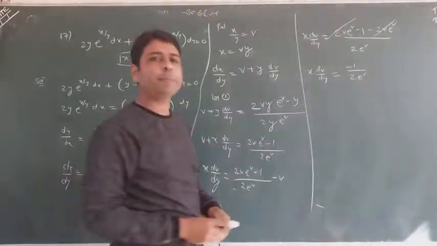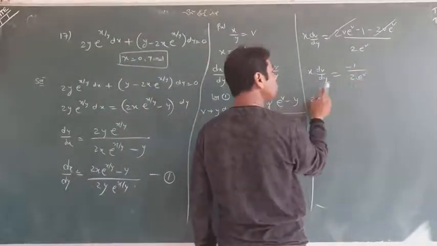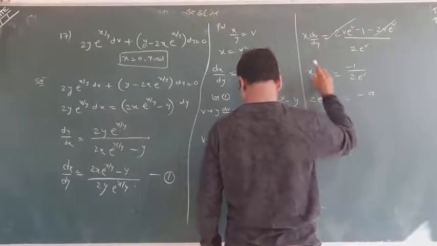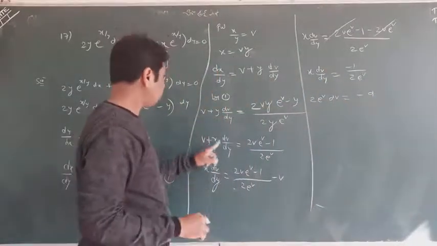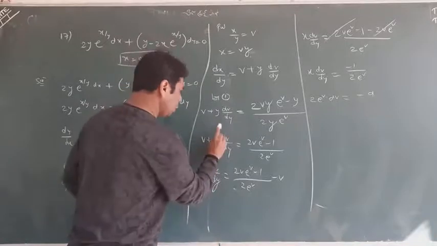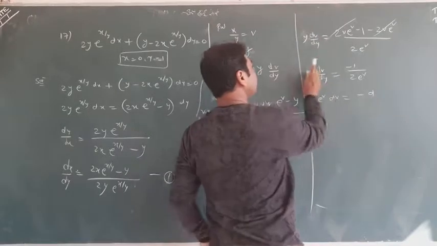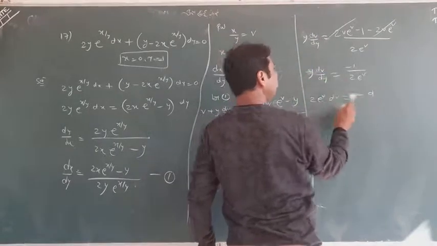Now I do variable separable, as you know it. I transfer 2 e to the power v along with dv, and this is the term.